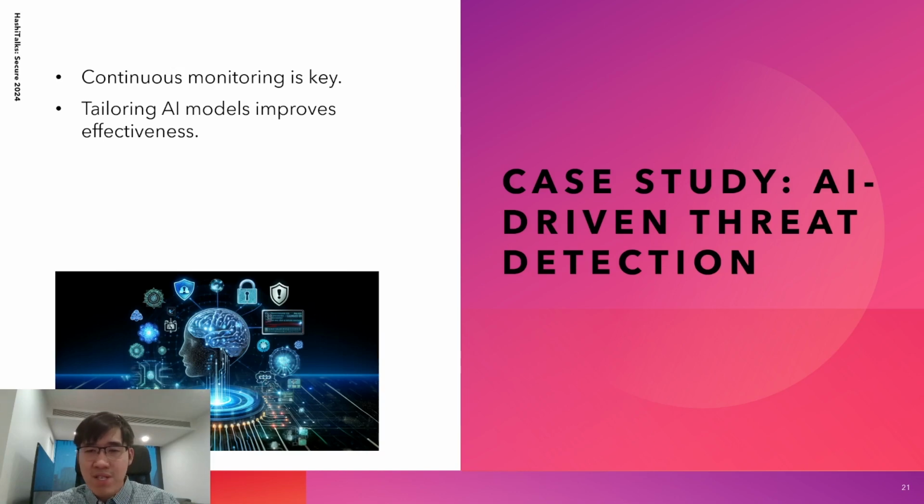And just a short case study as well. This has been implemented as a project in my experience. And one of the things that I learned from this is that continuous monitoring is key, because it's something that you need to continuously look at and continuously manage from a high point of view.